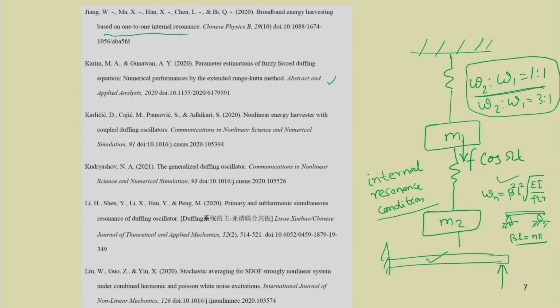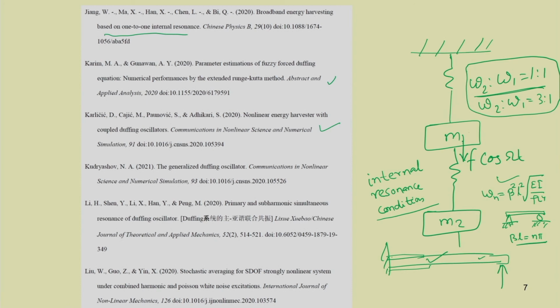Nonlinear energy harvester with coupled Duffing oscillator. In this paper, the Duffing equation is used for an energy harvester. Here it is written coupled Duffing oscillator because in the case of the energy harvester, two things are there. For example, a cantilever beam can be used as an energy harvester, where one can put piezoelectric pads, and the motion of the cantilever beam will give rise to a forcing or strain in the piezoelectric pads, which gives rise to voltage in the system.